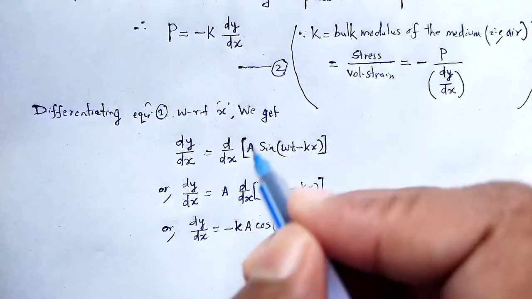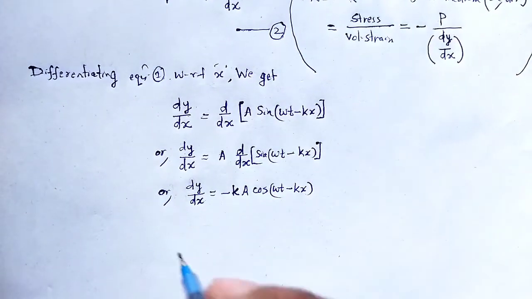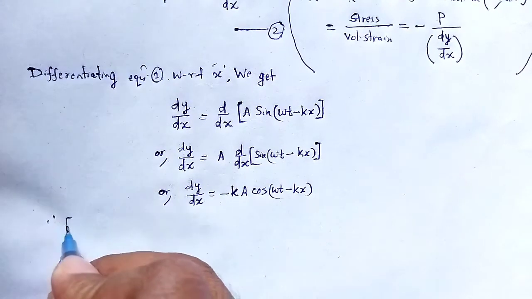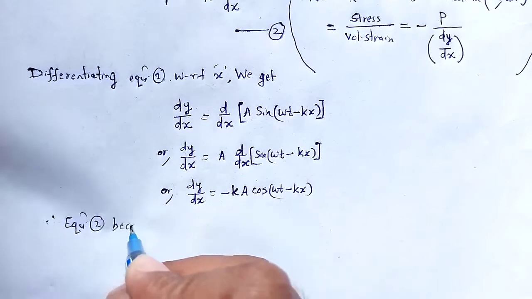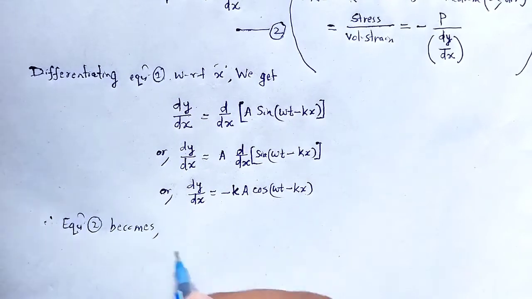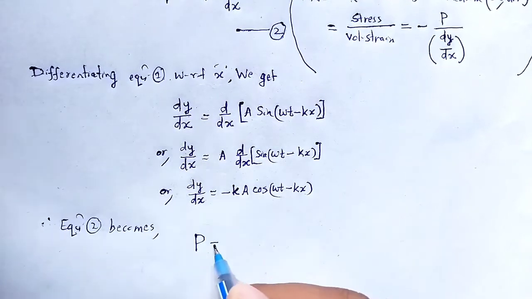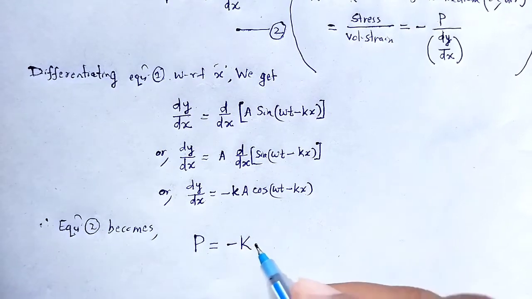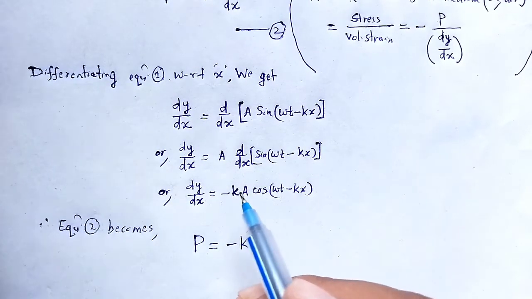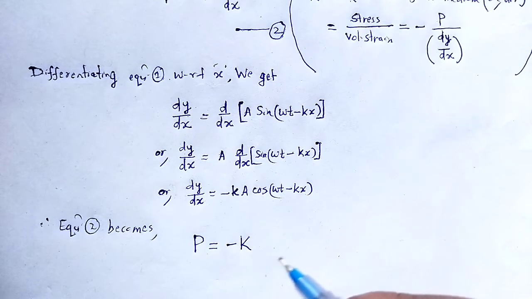Putting the value of dy by dx in equation 2, equation 2 becomes pressure P is equal to minus K, that is capital K, which is the bulk modulus. Here small k is the propagation constant.